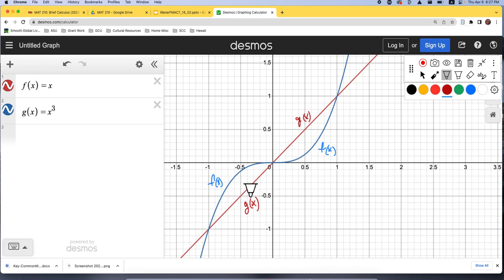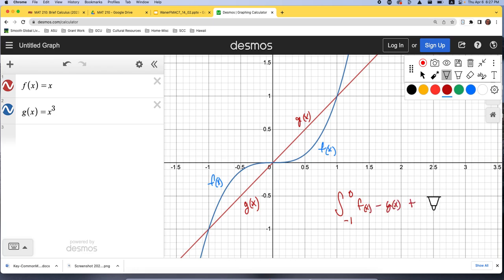So what we're going to want to do is integrate from -1 to 0. And again, the only way we know this is to look at the graph. There's really no other way to do it. We're going to go from -1 to 0, and we're going to take f of x minus g of x.